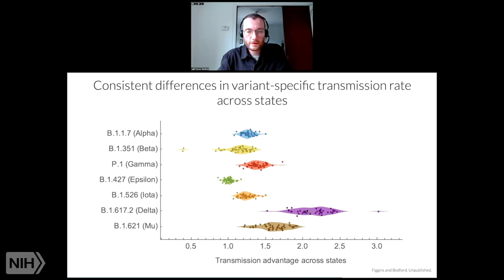Again, this level of evolution, where we increase fitness by 2.2-fold in just a handful of mutations, is remarkable and unexpected. And this increase in transmissibility of delta then results in this large wave in the US and the surges we've seen elsewhere in the world.